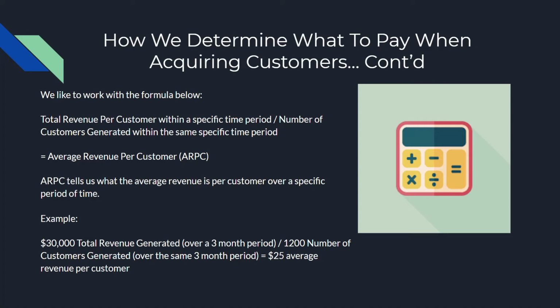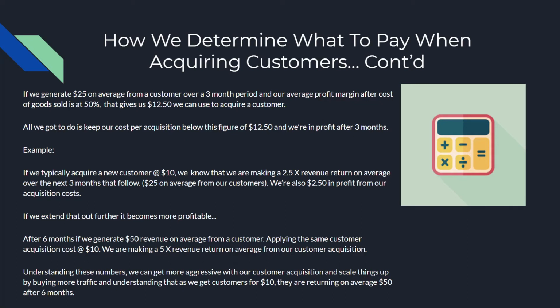For example, $30,000 total revenue generated over a 3-month period, divided by the 1,200 customers generated over that same period, gives you a $25 average revenue per customer. If we generate $25 on average from a customer over 3 months, and our average profit margin after cost of goods sold is 50%, that gives us $12.50 that we can use to acquire a customer.